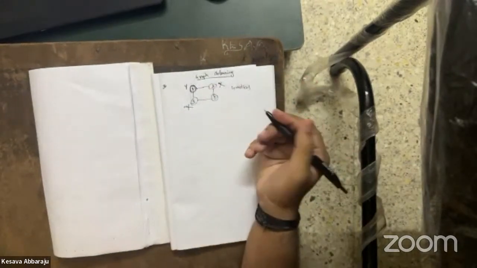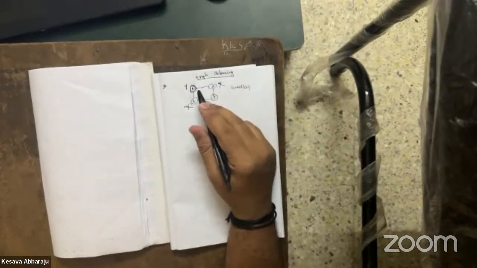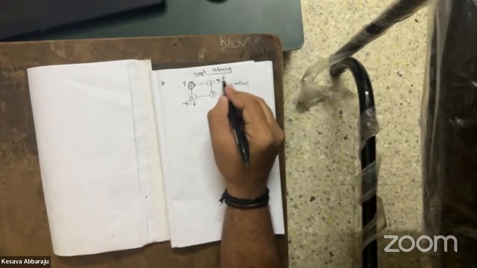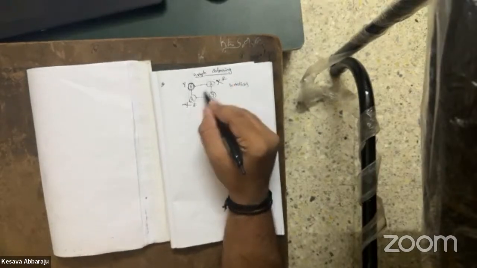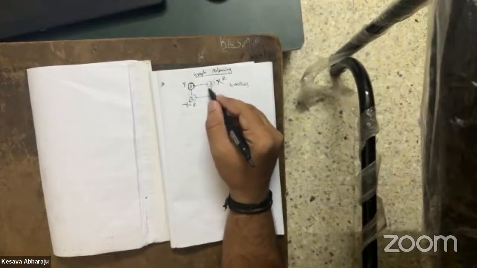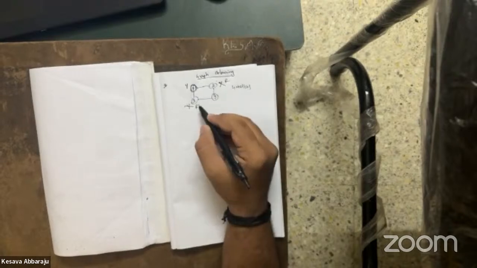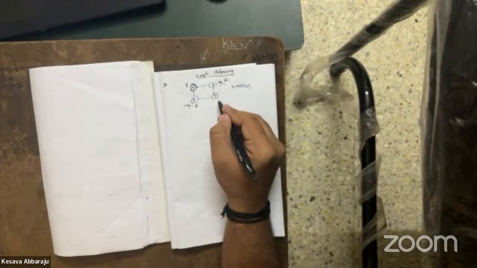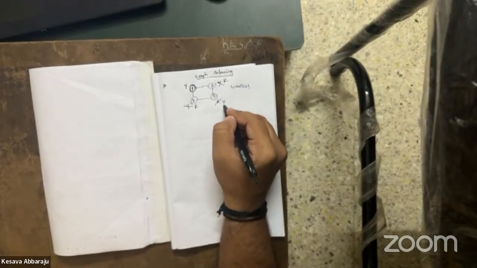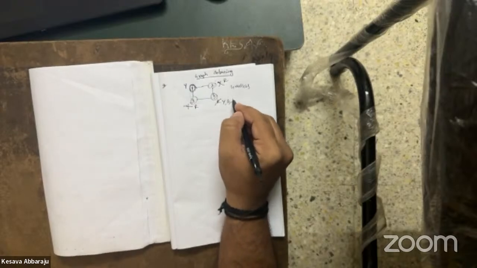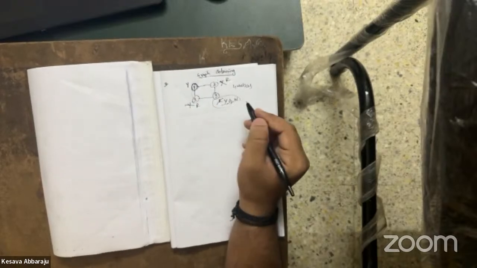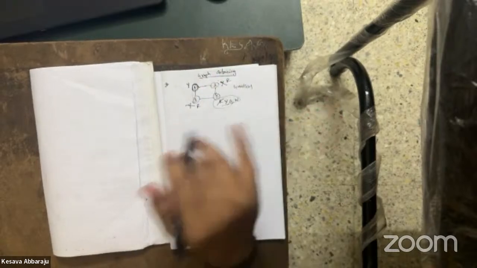It can be any other color. They can both be red, because they are not neighboring, not adjacent vertices. But if these two are red, this cannot be red. But this can be yellow, green, or white. So this is the graph coloring problem.